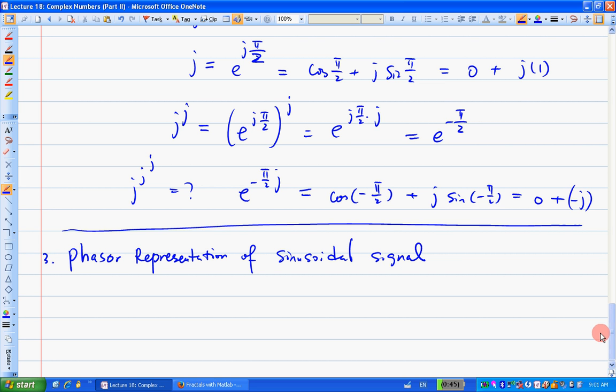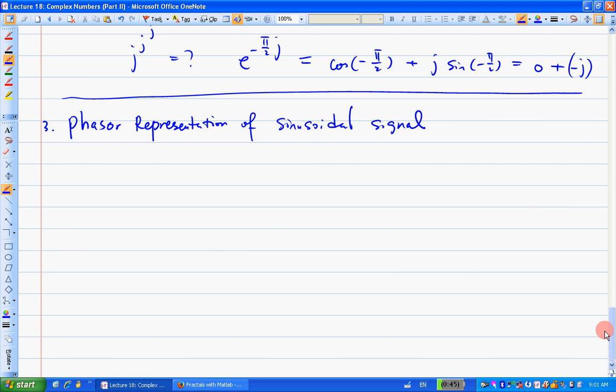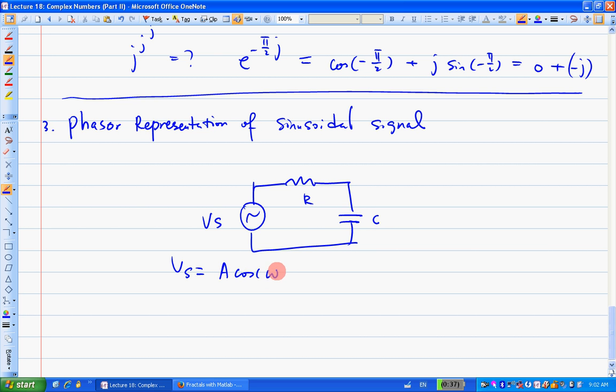The most common application of this is, let's say we have an RC circuit, and you're giving the circuit a sinusoidal input. Let's call this V the sinusoidal input, maybe A cosine. And then you're interested in the output at this capacitor at this location here.